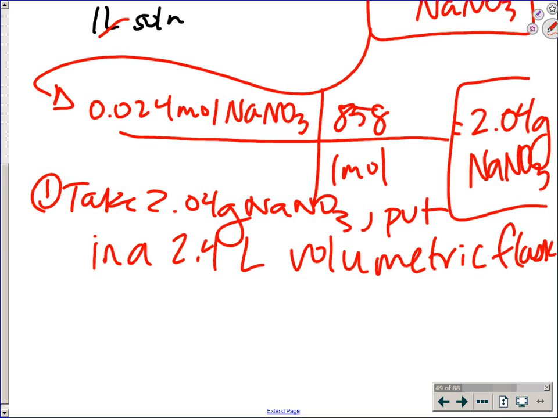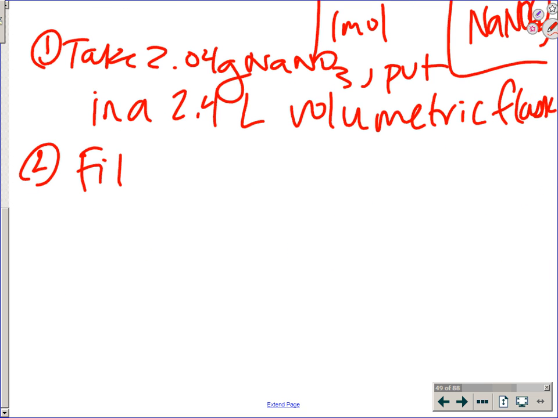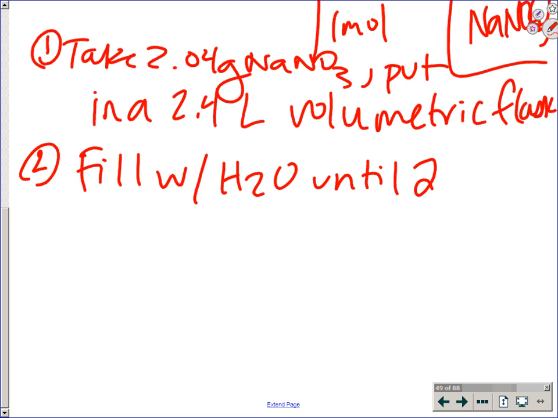What's the solvent we're likely using? Water, right? How much of that am I putting in? Until it reaches the etched line. We might need to review. You guys are not really helpful at this point. Before we do our lab, we're going to do a little review. So we would fill with water until the 2.4 liter etched line.